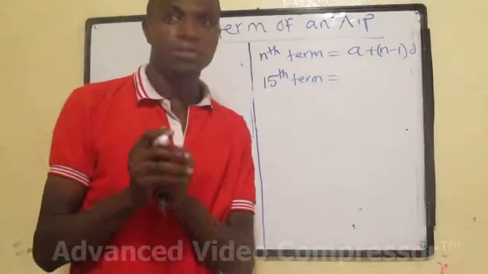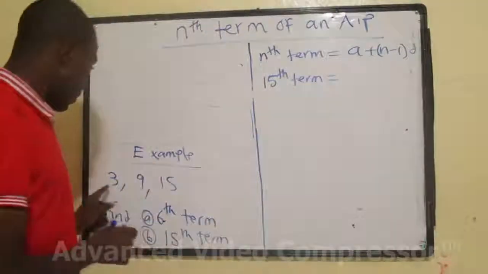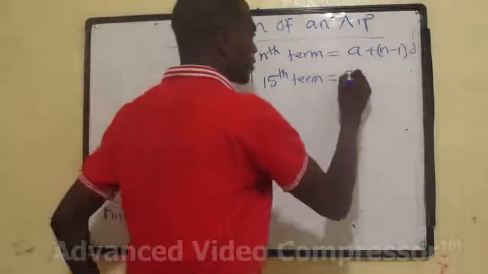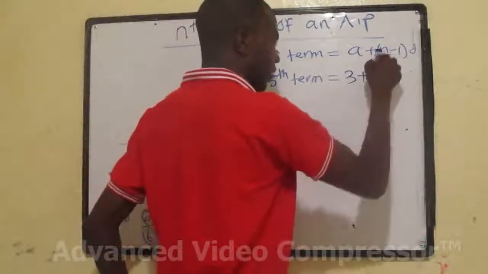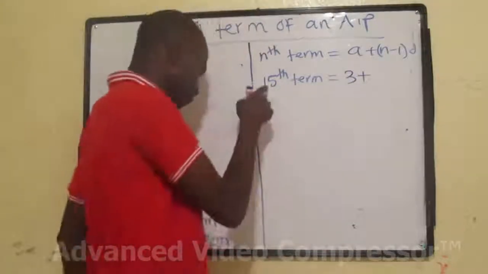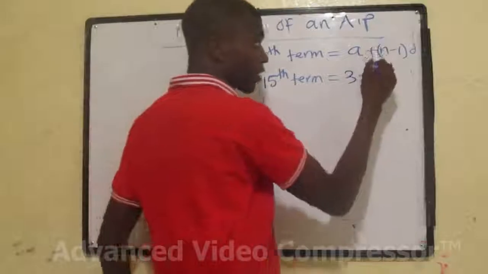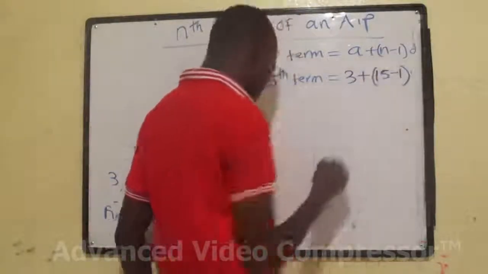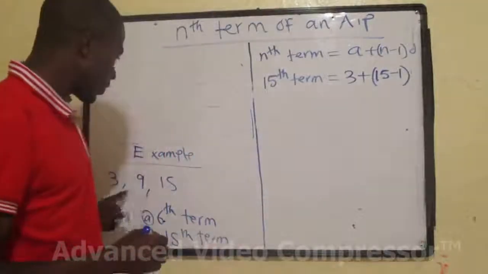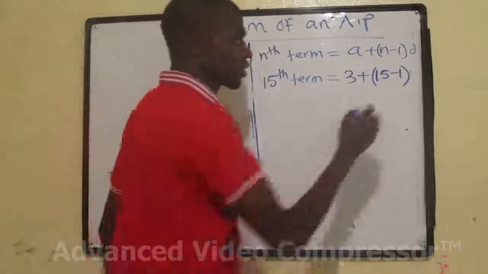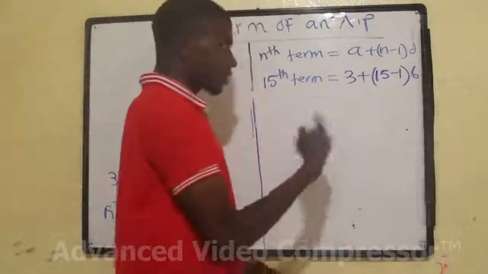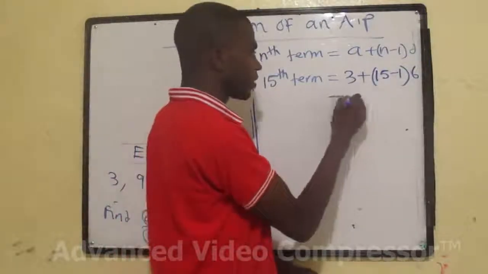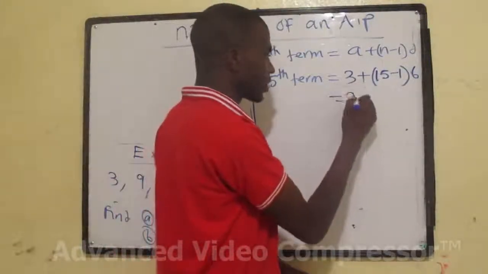Remember, a is the first term. What is the first term? 3 is the first term, so we say 3 plus, we are looking for term number 15. So we substitute where there is n with the 15. So 15 minus 1. And what is the common difference? The common difference that we have here is 6. So we write 6. Then what are we going to do? We are just going to simplify this and see the answer that we get.